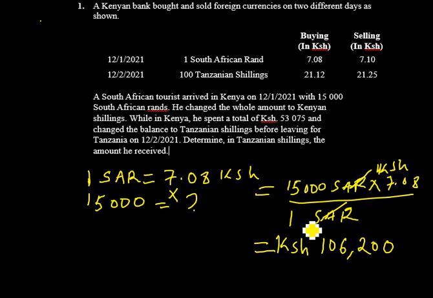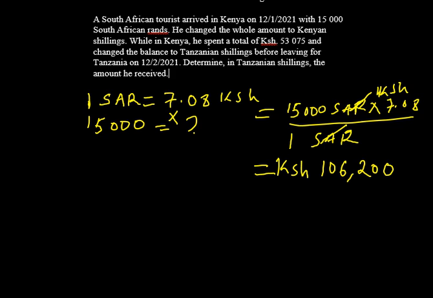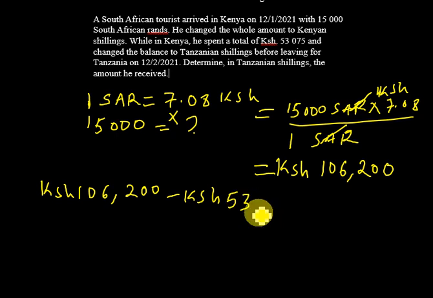Again, we are told that while in Kenya, he spent a total of Kenyan shillings 53,075. So because the person spent this amount, we are going to subtract from the total amount. So we have Kenyan shillings 106,200 minus Kenyan shillings 53,075. When we subtract, let's do that.